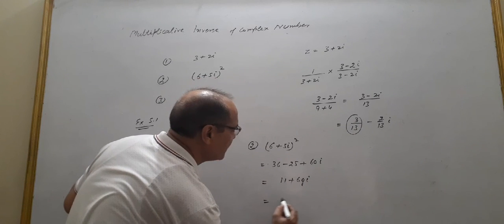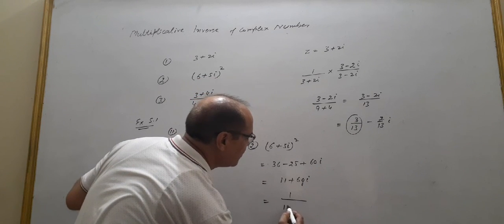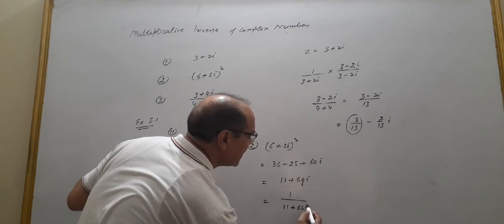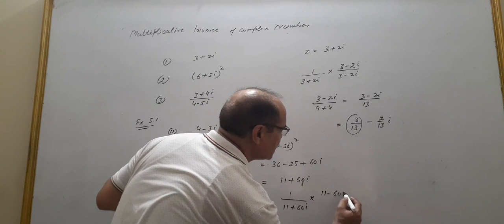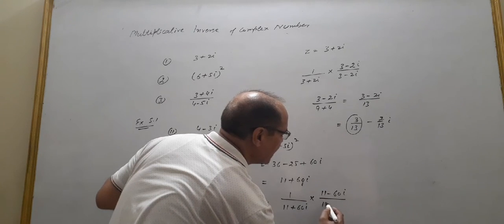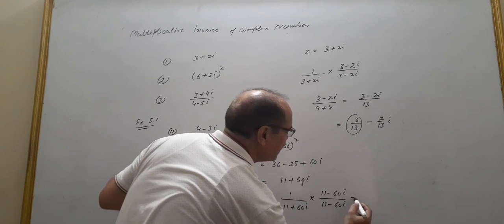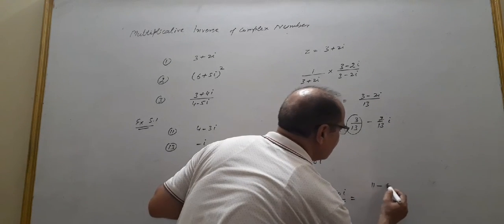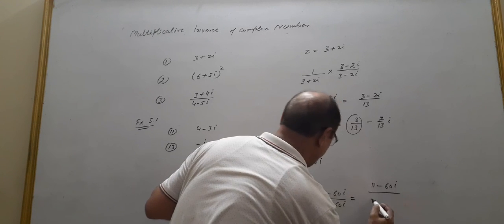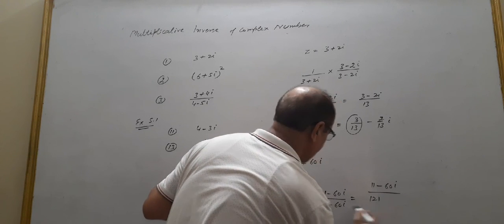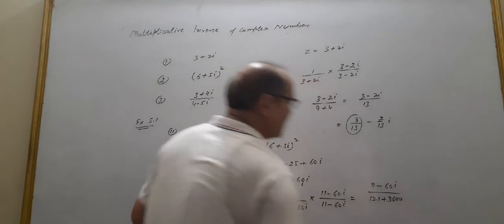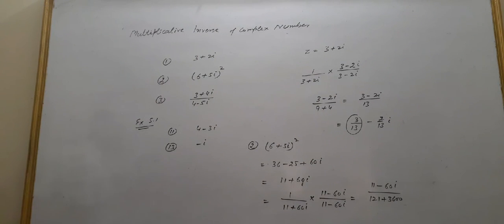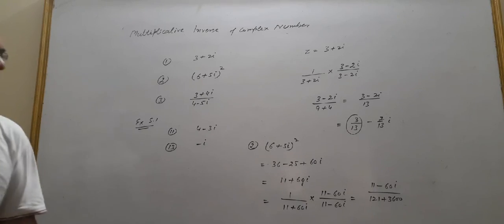What is the multiplicative inverse of this? That can be written as 1 upon 11 plus 60 iota. Then you have to rationalize this: 11 minus 60 iota upon 11 minus 60 iota. This can be written as 11 minus 60 iota divided by a square, that is 121, plus b square, that is 3600. You write it as 3721 as it is.